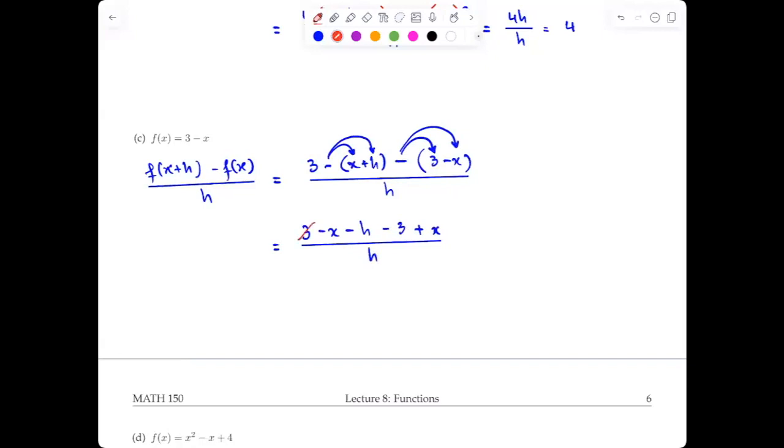So positive 3, negative 3 cancel out, negative x and positive x cancel out, and you're left with negative h over h, or negative 1 for that matter.